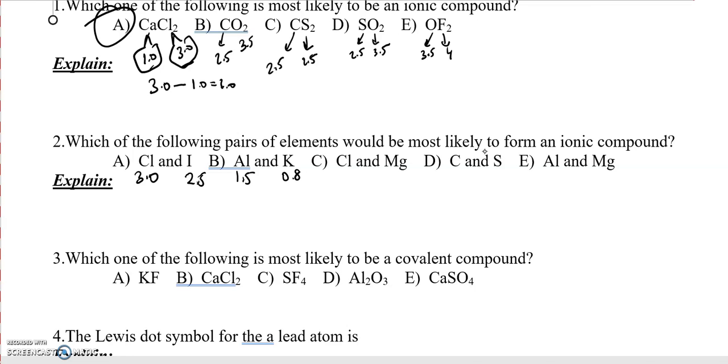Chlorine is 3 and magnesium is 1.2, a difference of 1.8. Carbon is 2.5 and sulfur is 2.5. And for E, aluminum is 1.5 and magnesium is 1.2.